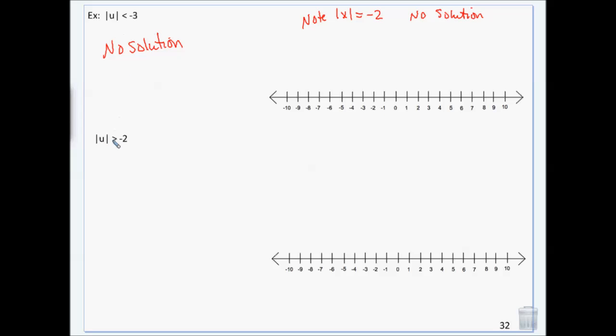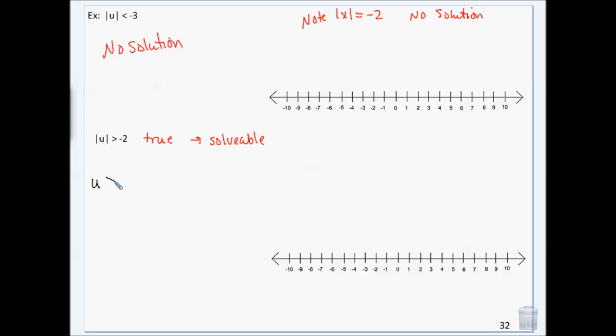However, absolute value greater than a negative is true because absolute value is positive, so it's always greater than a negative. So these are solvable. So if you see less than negative, no solution. If you see greater than negative, then you continue to solve it.